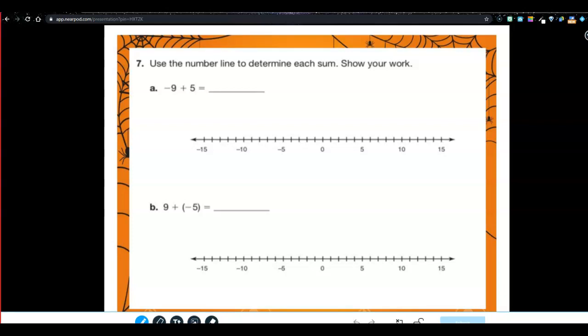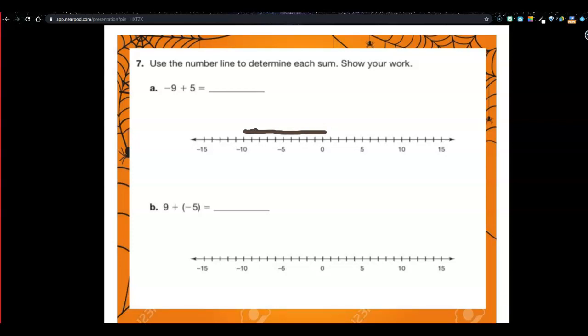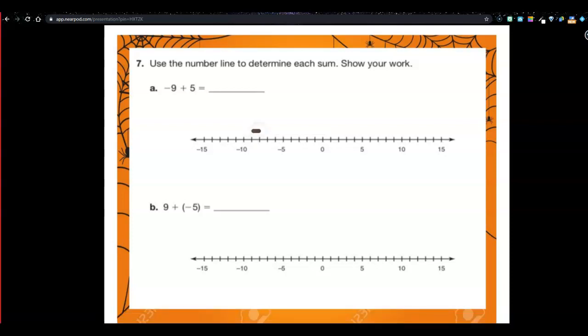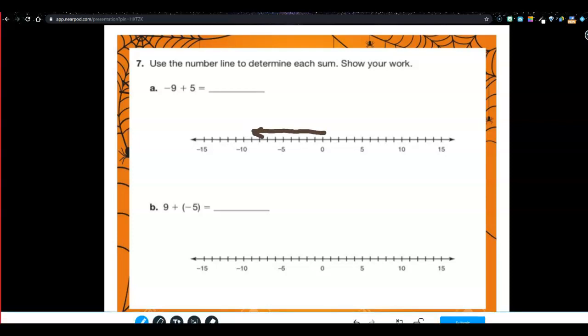All right, so I should have seen -9. Oh, that's a horrible, horrible arrow. What am I doing? Oh, go back. -9. And then we turn and go in the positive direction 5 steps. 1, 2, 3, 4, 5.